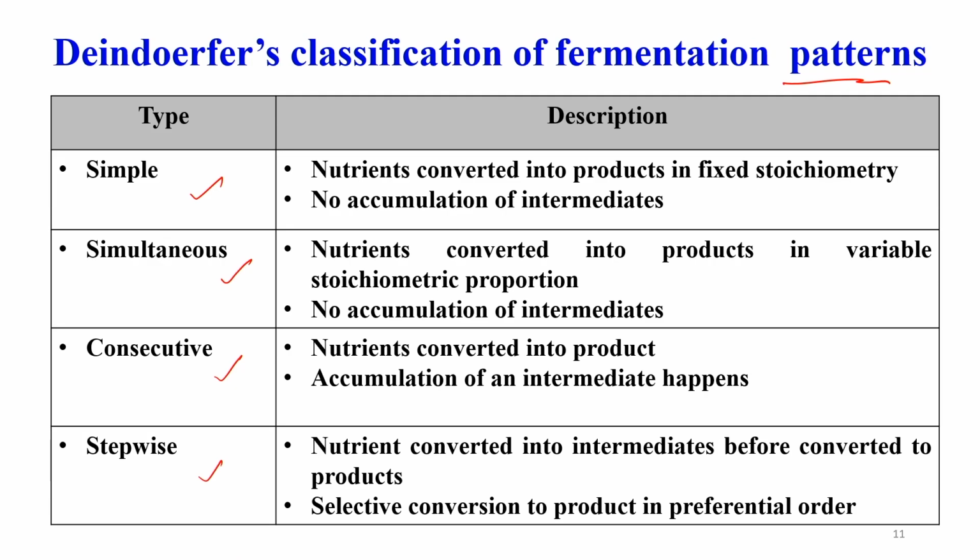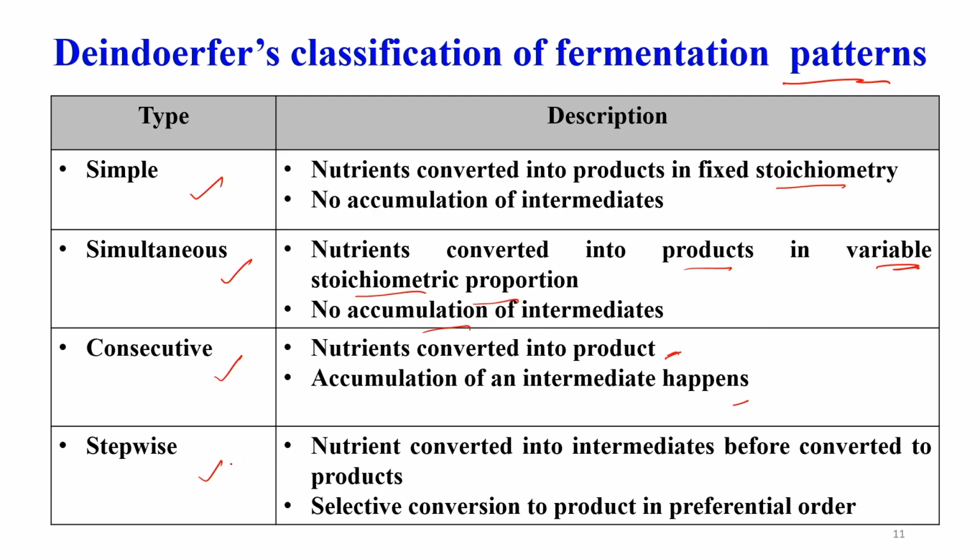Simple means nutrients are converted into products in a fixed stoichiometry without accumulation of intermediates. Simultaneous means nutrients are converted to products in variable stoichiometric proportion. It is not fixed, it keeps changing, still without accumulation of intermediates. Consecutive means nutrients are converted to products along with the accumulation of intermediates.